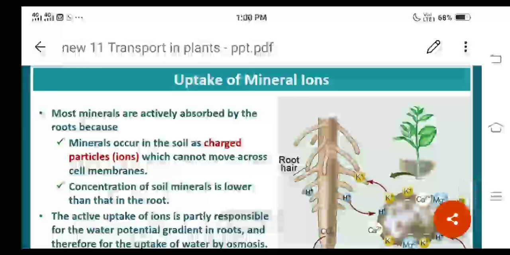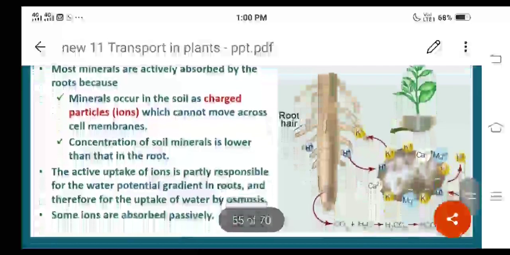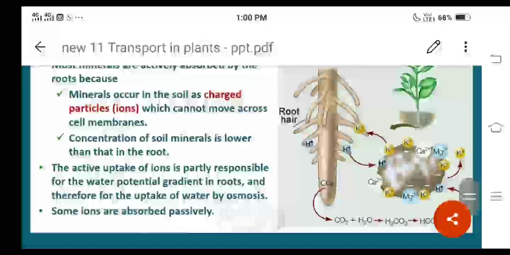The active uptake of ions is partly responsible for the water potential gradient in the roots.